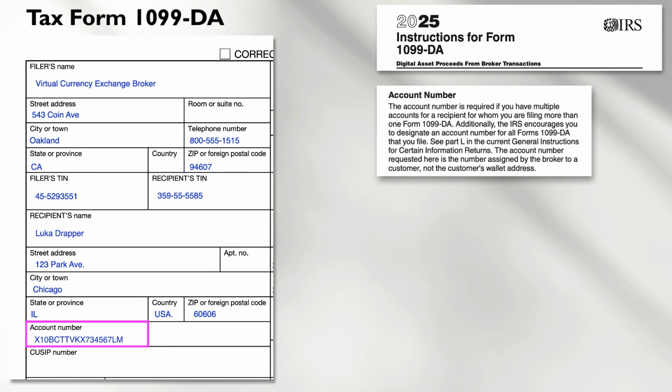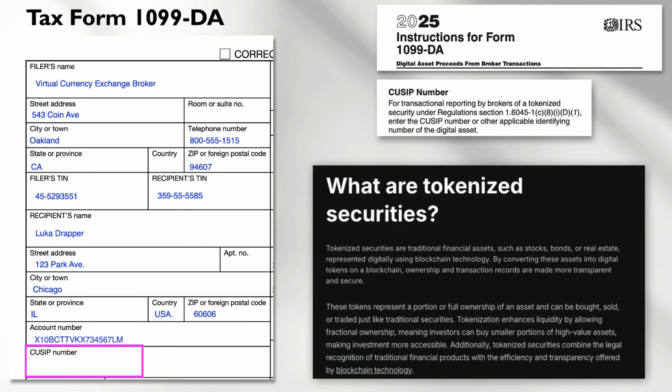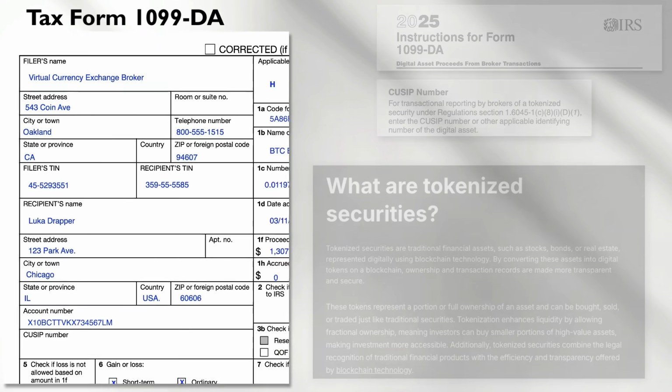If you have multiple accounts with the same broker, you may also see an account number listed. If the transaction involves a tokenized security, such as a crypto ETF, you may see a QSIP number. Most regular cryptocurrencies like Bitcoin do not have a QSIP.